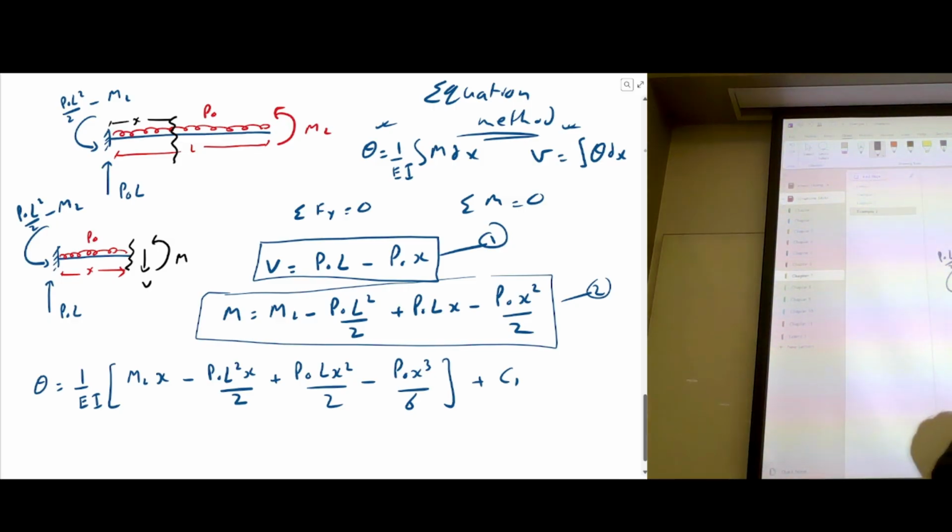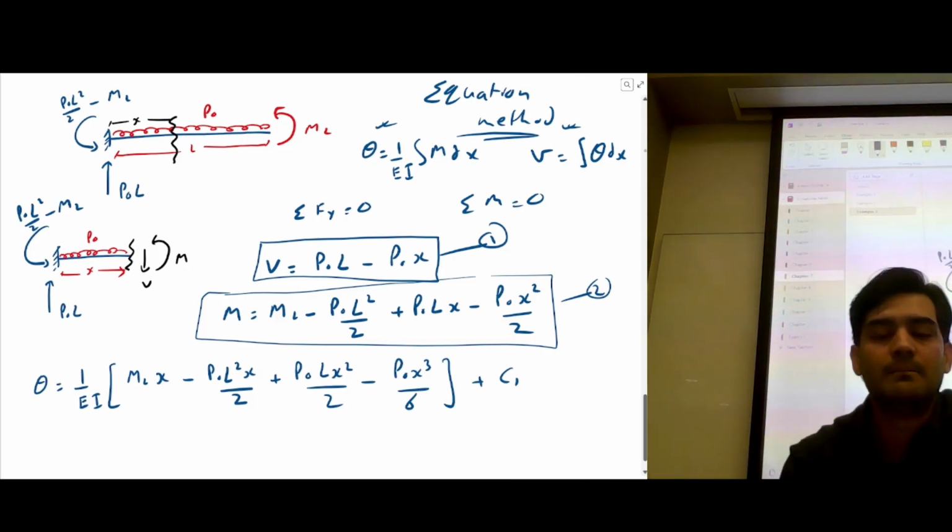You can integrate this moment and you're going to get all these values. ML, you integrate this, you get MLx; you integrate this, P naught L squared, and then you have to put x here. You have to put x squared by 2, and you have to put x cubed by 3 multiplied by 2, which is 6. So this is how you get the bending angle.